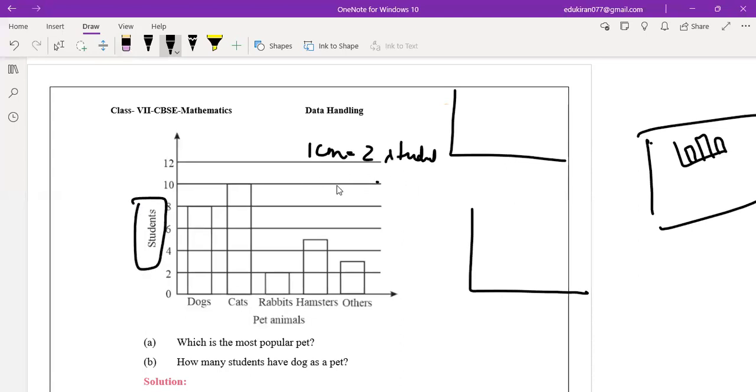So 2 students, right? And also over here, they have not written y-axis, and here they have not mentioned x-axis. So draw this in your notebook and then you will answer A and B. Clear? Yes, ma'am.